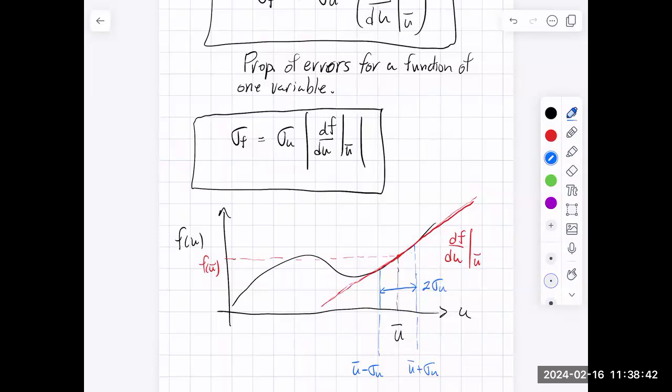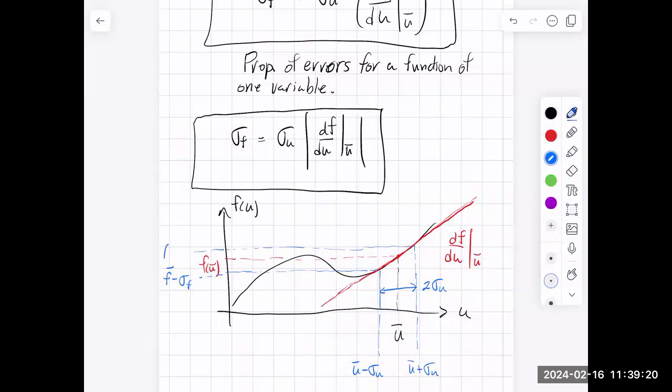All right. So if we then bring this back over here, we could identify this intercept on our vertical axis as f at u bar, or let's just call it f bar minus sigma f. And over here, I'm going to move this, so let's see, I want to put, say, f of u here.